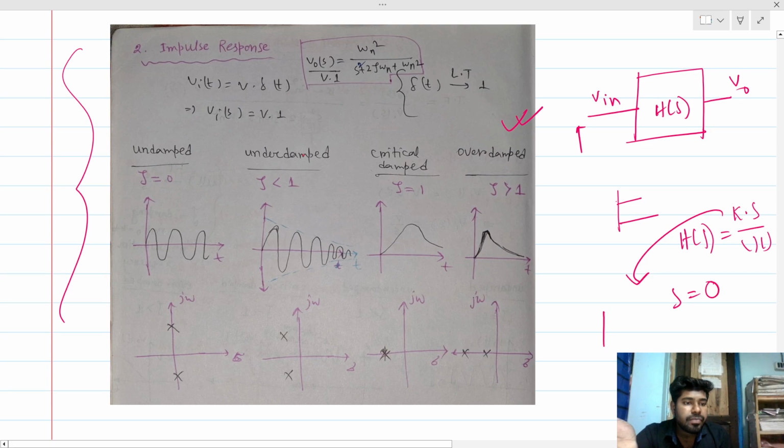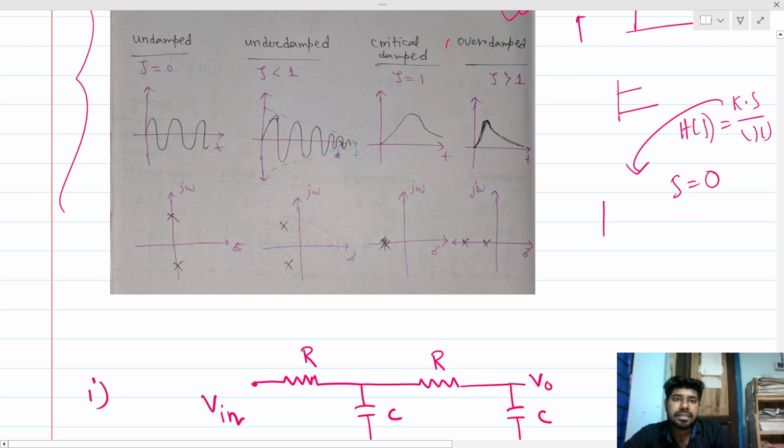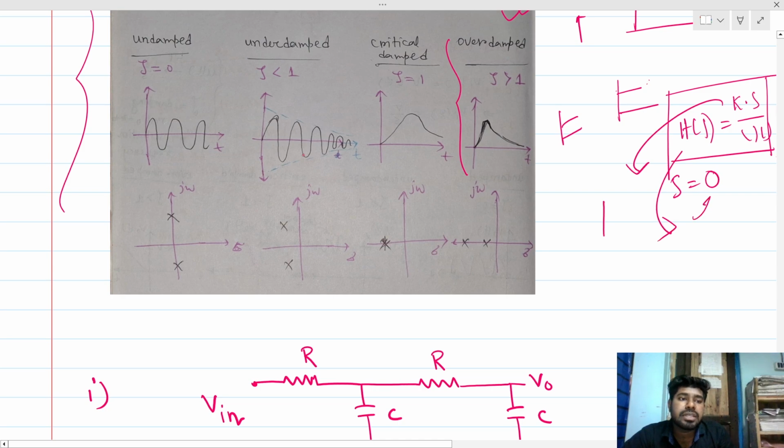Right, Anindo? Then the system will behave like an overdamped case for a step input. So I am feeding a step input to the system, but the transfer function of the second order circuit has a zero at zero frequency, then it will behave like an impulse input to the system, right?